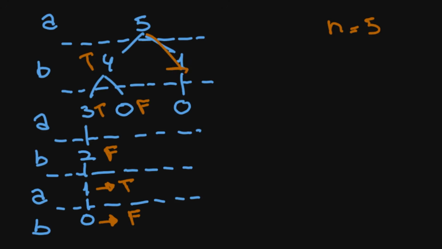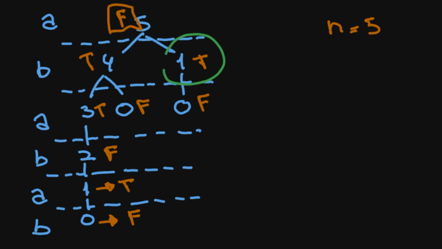And how about this branch? Well, here we have a 0, which means that Alice loses, so this is a false, which means that Bob wins here. This is a true. And here, what do we return? If we take only 1 stone, Bob wins, which means that we lose here. And if we take 4 stones, Bob wins, which means that we lose here. So the final result for n equal to 5 is false.